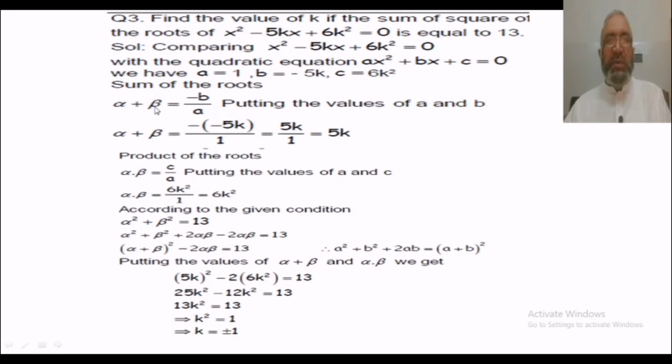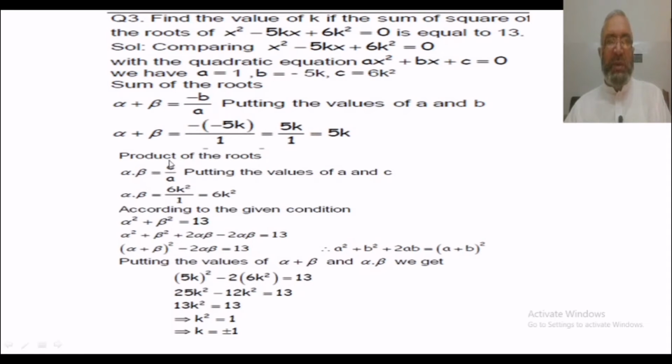So sum of the roots, that is alpha plus beta, is equal to minus b by a, direct formula. Substituting the values of b and a, minus into minus 5k, minus minus becomes positive, 5k over 1 is equal to 5k. We get sum of the roots 5k.